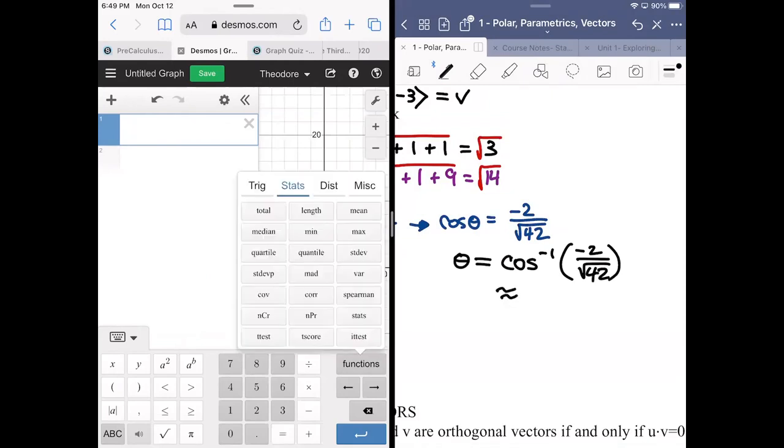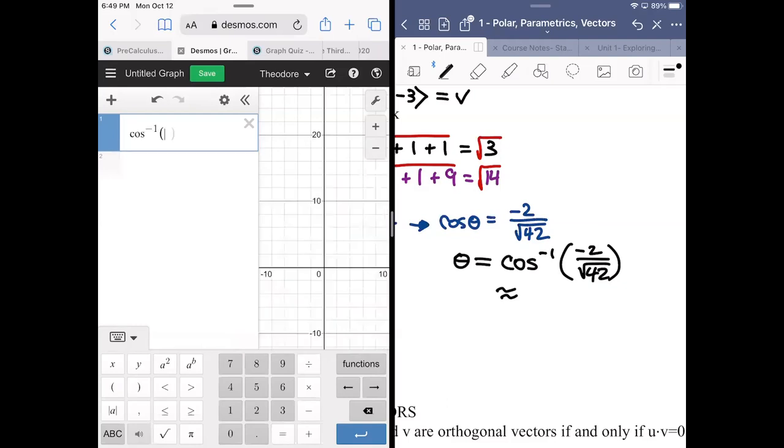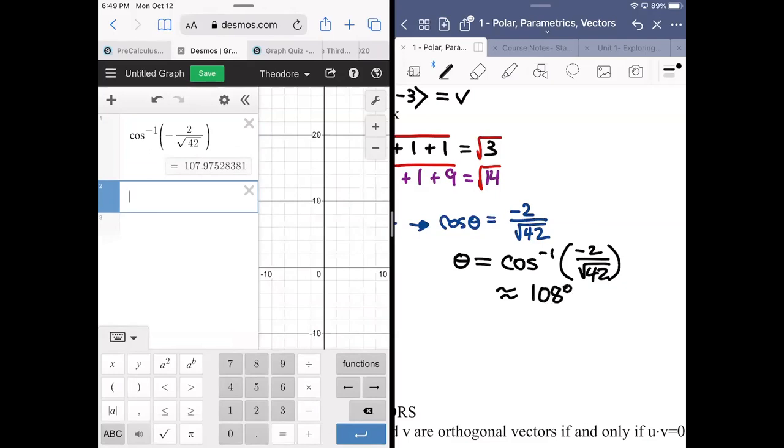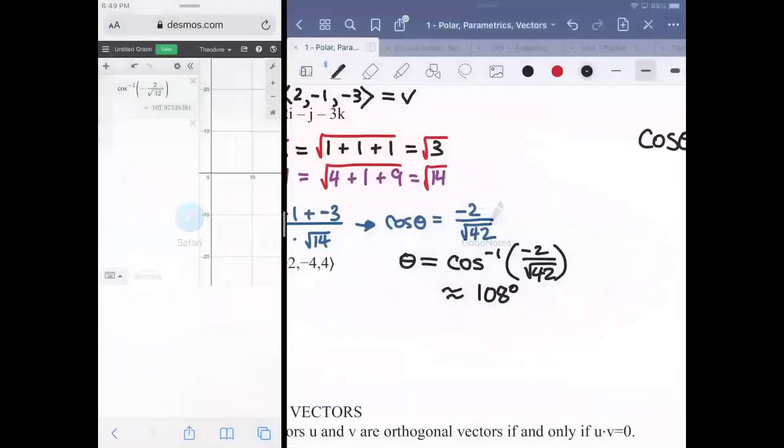So function, trig, arc cosine, -2 divided by the root of 42. And I get my angle, roughly 108 degrees. Just be mindful of rounding instructions on an assessment, as you know. I'll just move this over a little bit. I don't need it that big.